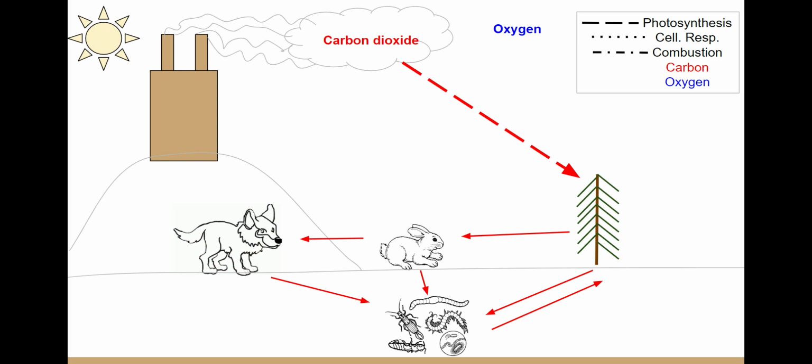What I'm going to show you now is how carbon dioxide is added into the atmosphere and how we can utilize it. So the factories that are there are factories that are adding extra carbon dioxide into the atmosphere, stuff that we don't need, okay? And what's happening is we know that trees use carbon dioxide, okay? And carbon dioxide can be utilized to make oxygen through the process of photosynthesis.